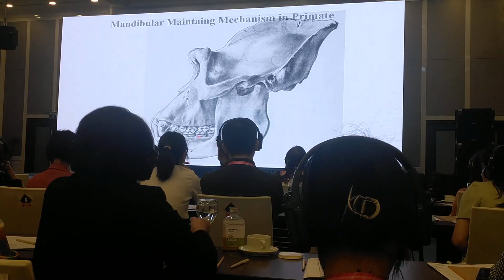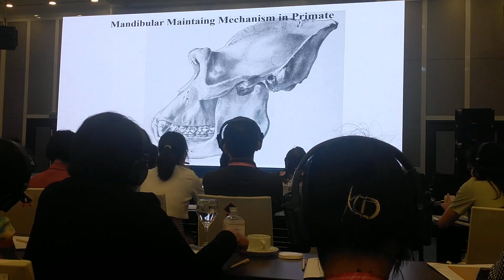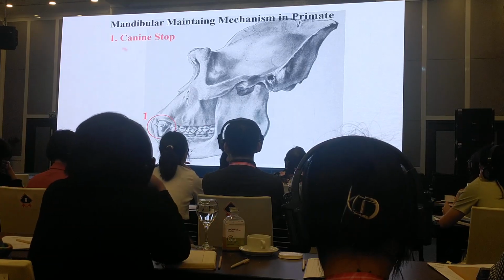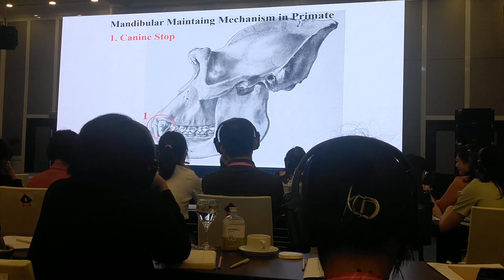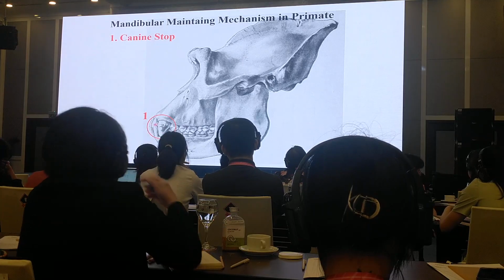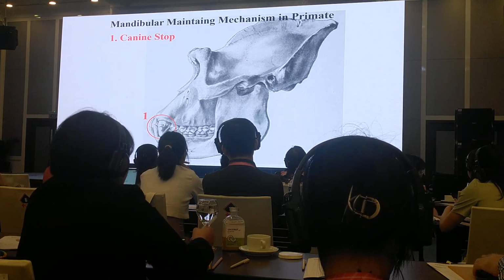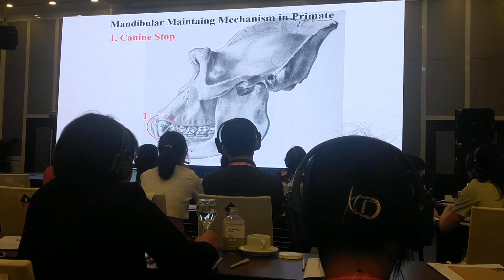This is very, very important. Canine, I want to say canine stop. We keep the mandible in this position. The canine is rather class 3, that means the mandible is always in a rather forward position. Right?